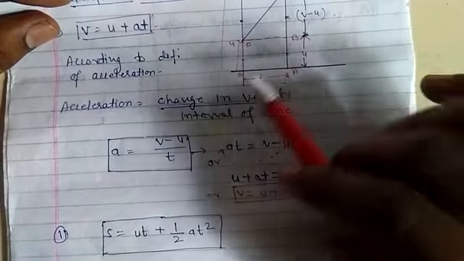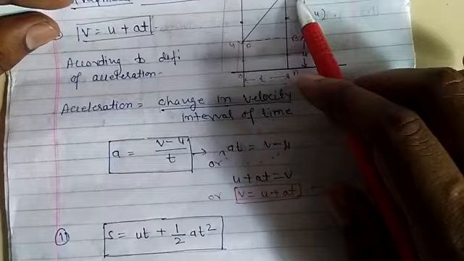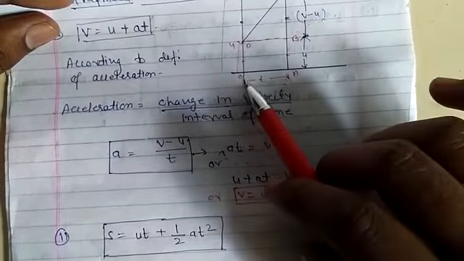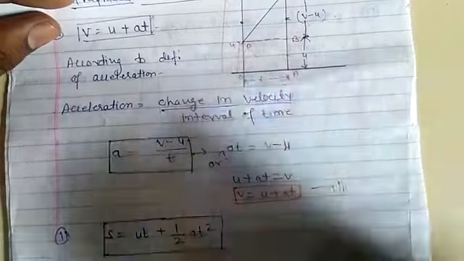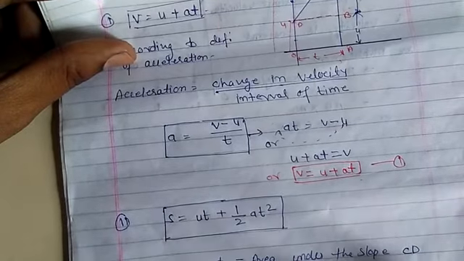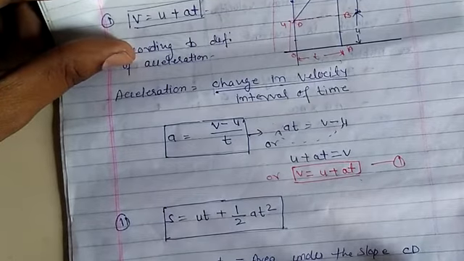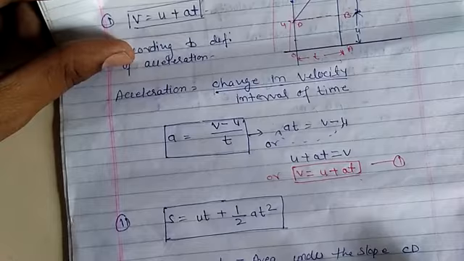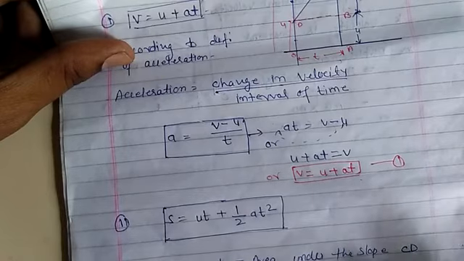So the area under CD is equal to the area of triangle CBD and the area of rectangle OABD.